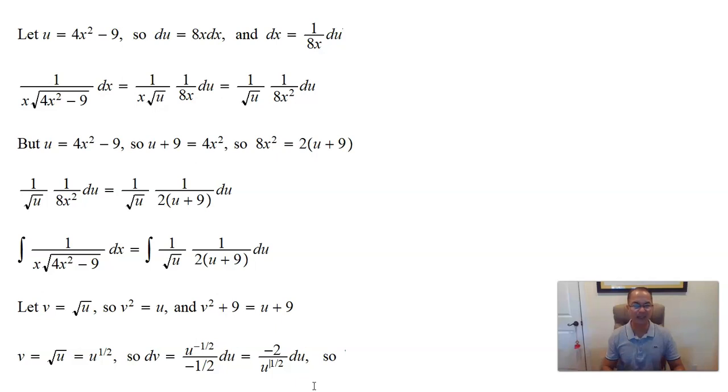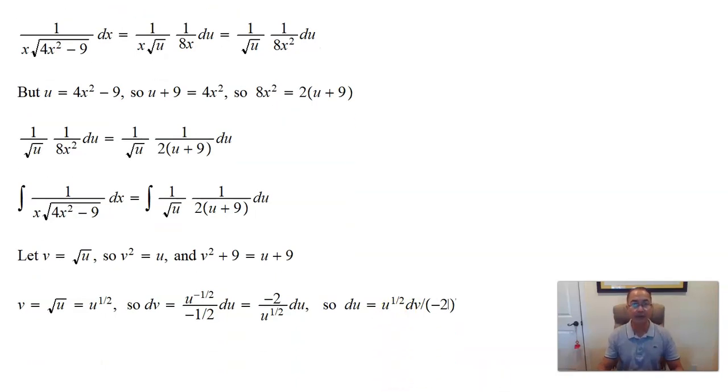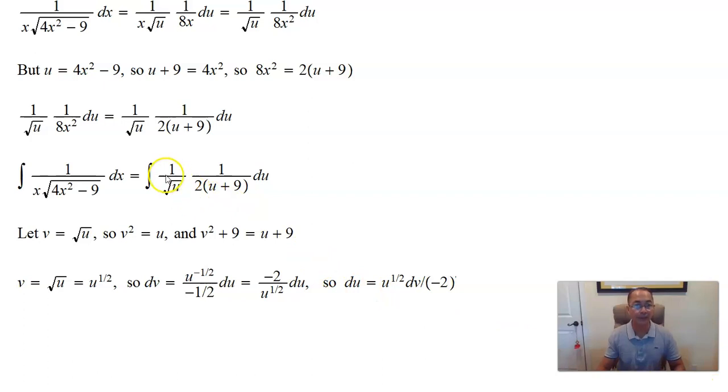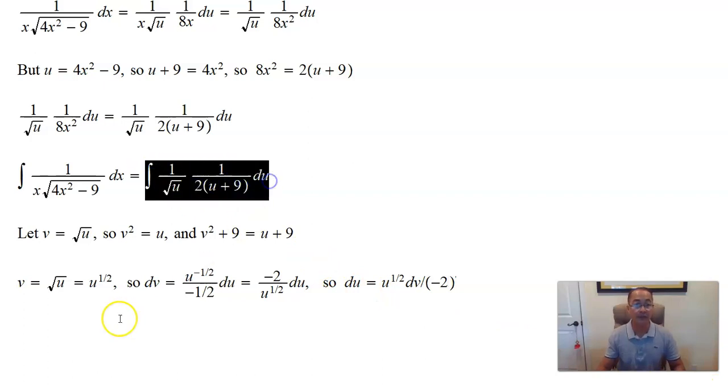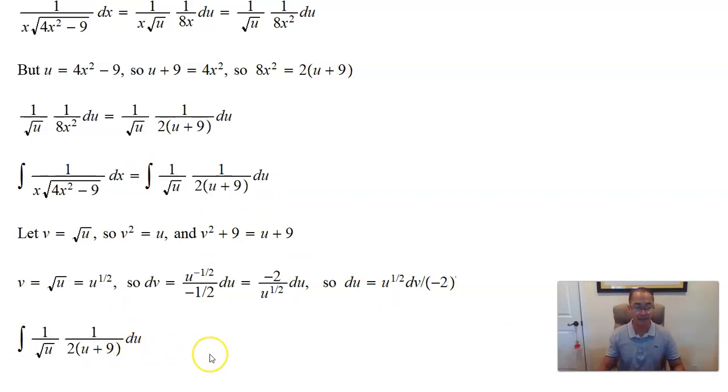Okay, that's less crazy, right? So, solve for du. Bring the u to the 1/2 over, and we have the dv, and everything is divided by negative 2. Okay, there we go. So we are now ready to transform this.